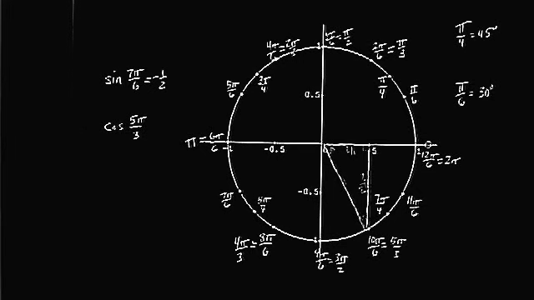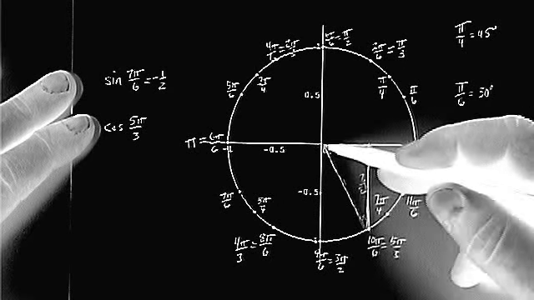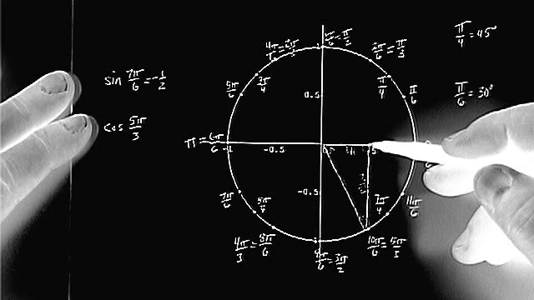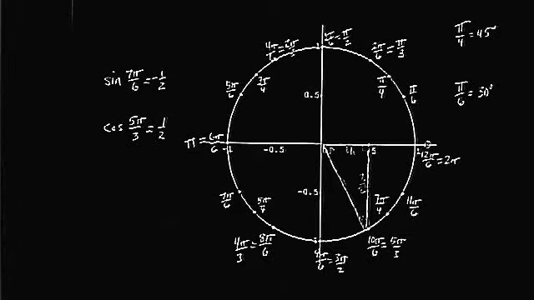Or, as we say in the radian world, the pi over 6, pi over 3, pi over 2 right triangle. So it's got an x value based on 1/2. It does move to the right, so that's positive. So this is the positive 1/2.